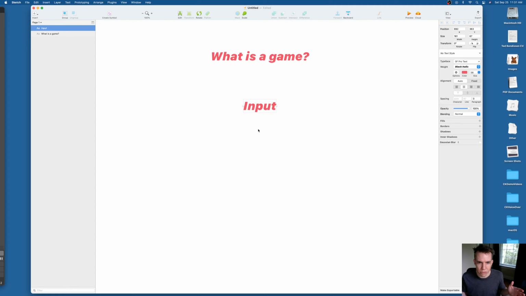So the input is players' hands picking up checkers pieces and placing them somewhere, right? So the input is actually a physical system. There's stuff that physically exists in the world, and you're picking it up.